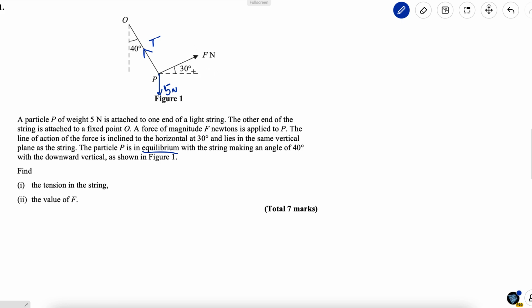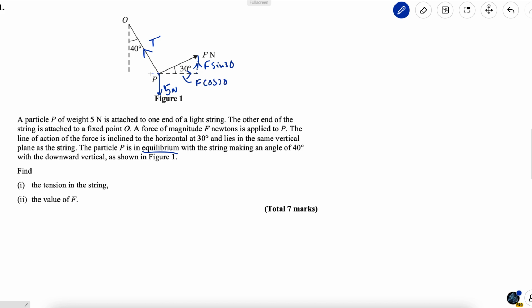So first of all, I know that I'm going to need to resolve these into components because I'll be resolving vertically and horizontally. So I'm going to do that now. This force is going that direction, so I'll mark on the arrows here. F sine 30 is the vertical force and the adjacent component F cos 30.